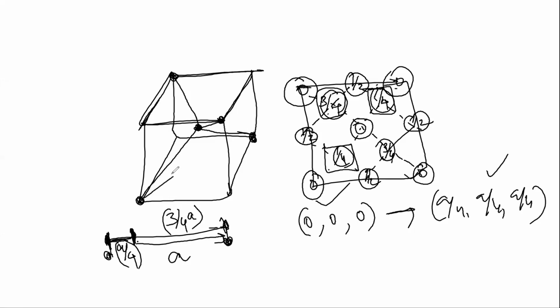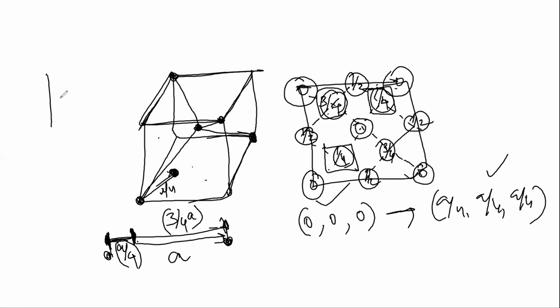But now if I have an atom here at a by 4 distance, this means it is not in this plane, students. It is in the space in between these planes, these 4 planes. We have 6 planes, no? 1, 2, 3, 4, 5, 6 faces. But I am not saying that it is lying on a plane, it is in a space. It is in a space.